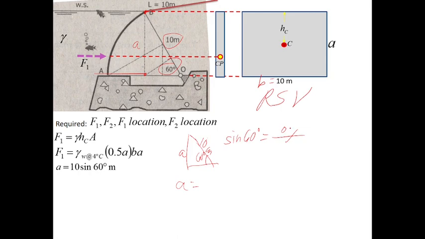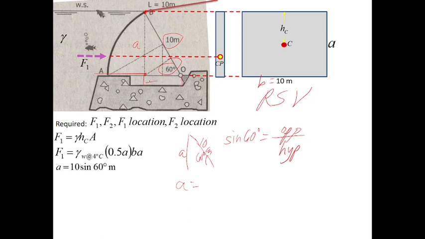So meron tayo ditong opposite over hypotenuse. Ito yung B natin. Actually, sorry, hindi, should be itong side na to.